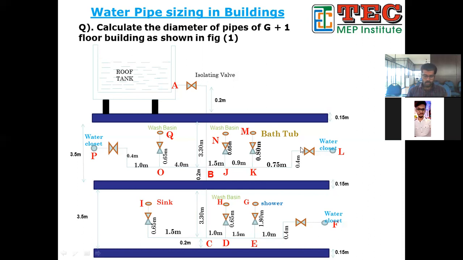So we know the discharge and the diameter of all the nodes, found by the loading unit method. Not only that, we found the pipe size by the WSFU method as well as the plumber chart method. I think that is very clear for you.